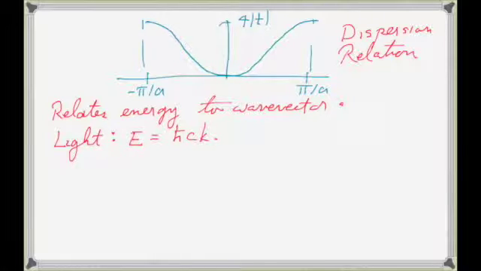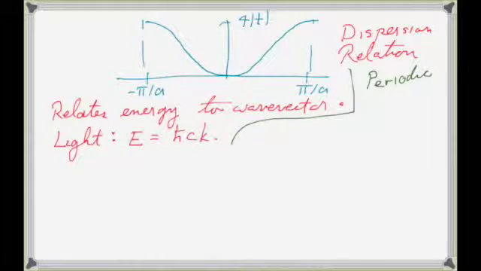For an electron in a band, it's going to look something more like this. For one, it's going to be periodic, and it's going to have a finite bandwidth.